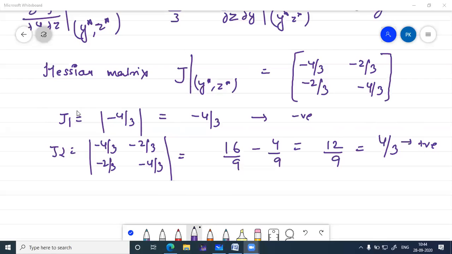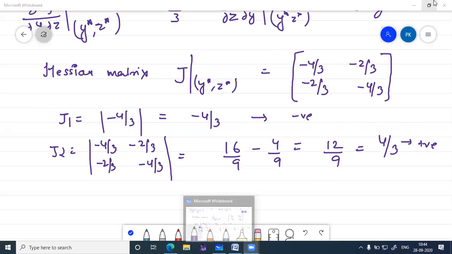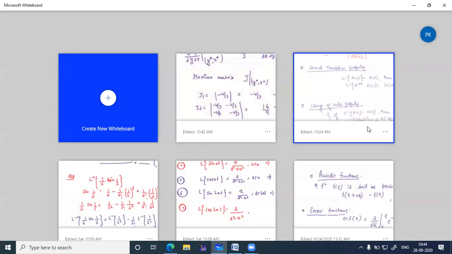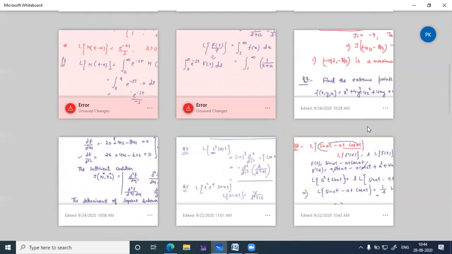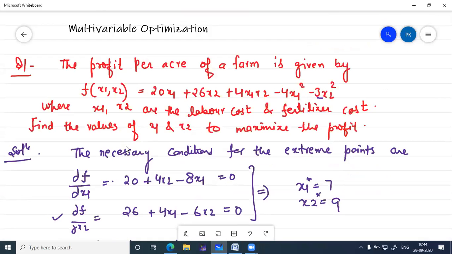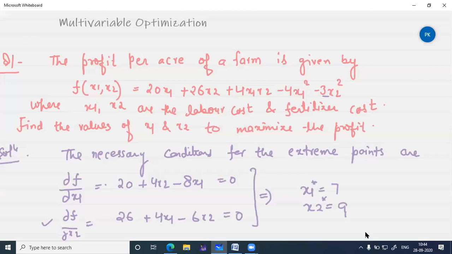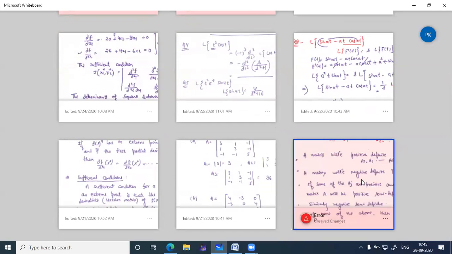Since the first is negative and the second is positive, it is not. These are the sufficient conditions we studied earlier. If you remember the conditions here, we evaluate the matrix.